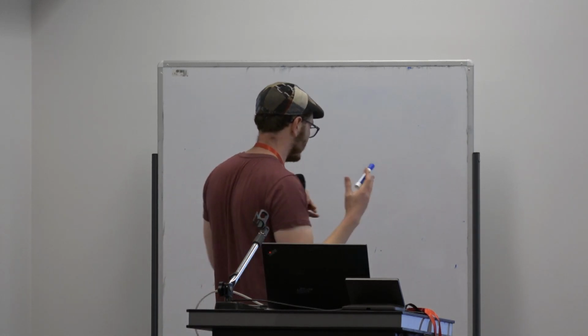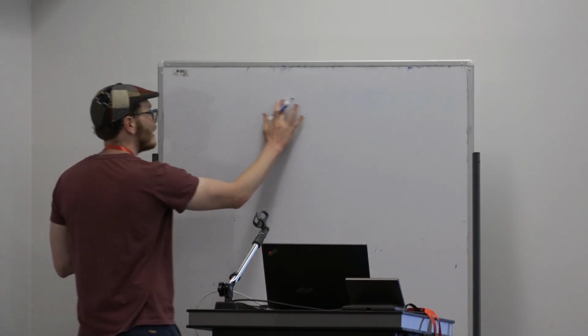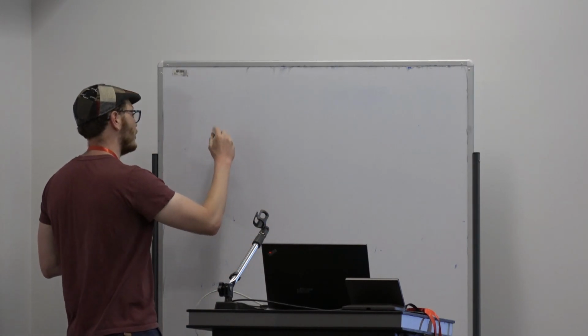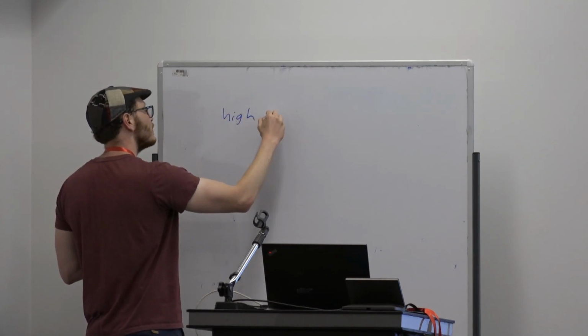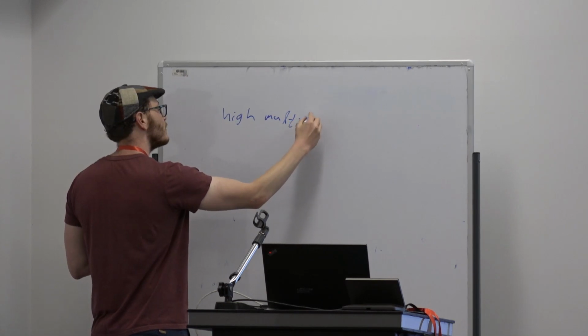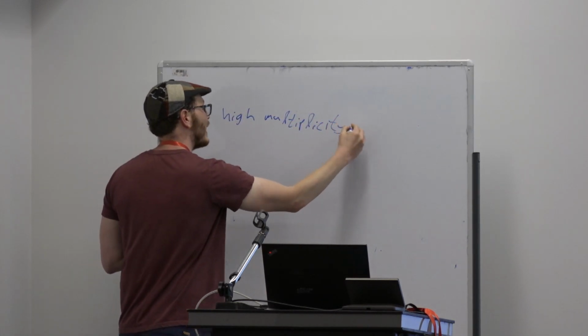If you look at these low degree functions, this is a representation of Sn, and it can be decomposed into isotypical components. And it turns out that the connection between these two problems is that high multiplicity implies small eigenvalue.